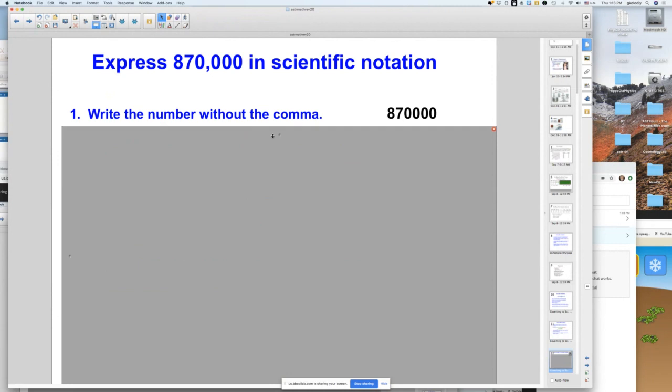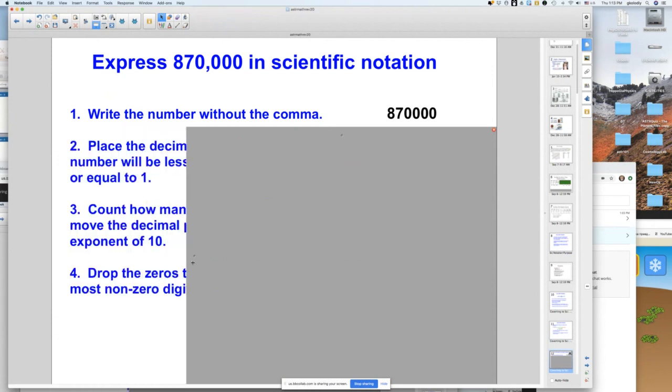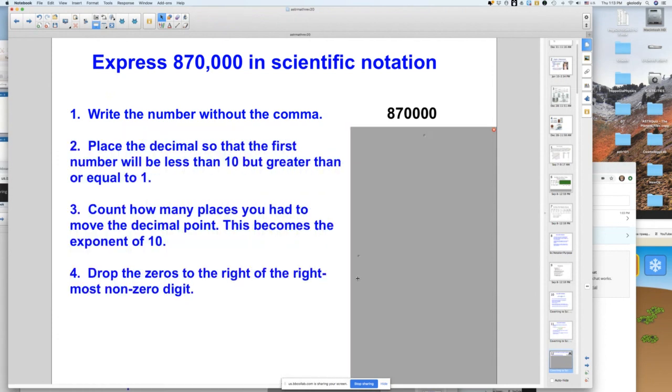Number 1, write the number without commas. Here it is, without that comma. Number 2, place a decimal point so that the first number will be less than 10 but greater than 1. In other words, where would you put a decimal point to get a number that's less than 10 but bigger than 1? Aha, right over here.